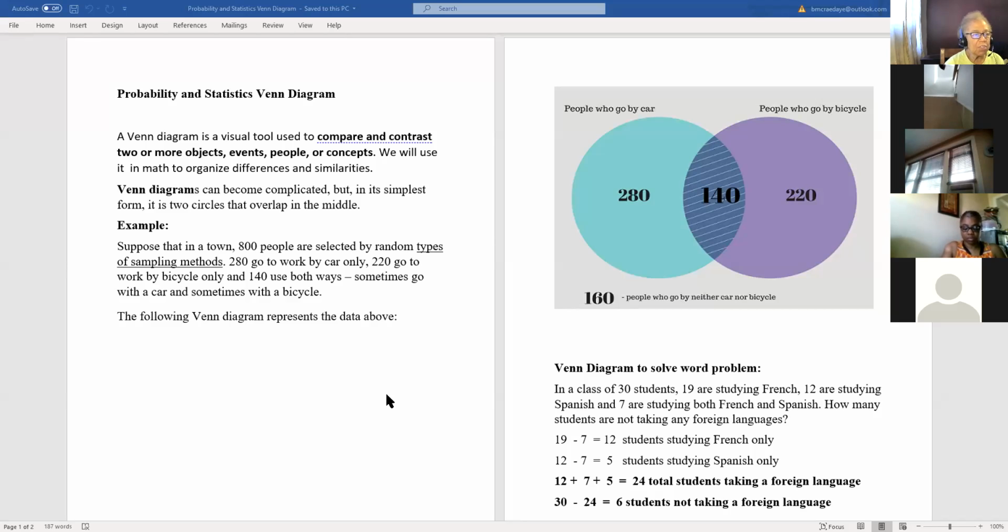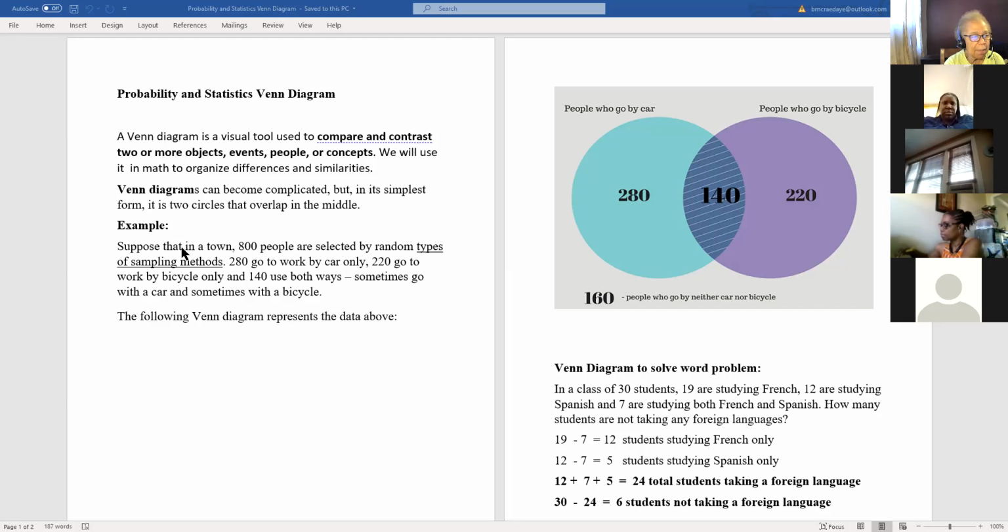We can represent items within the circle, and where they overlap is where both items may occur. The best way to understand it is with an example.